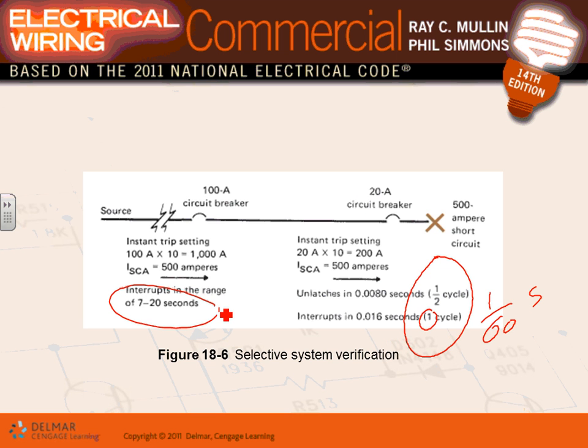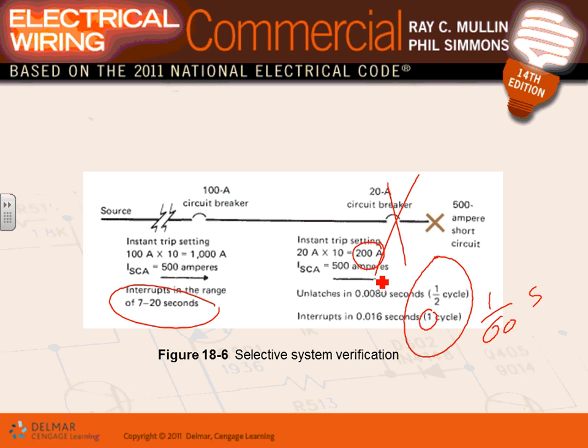We make this trip fast at this level of amps. By making it trip fast, this one doesn't have enough time to see it yet, right? That's how they do the coordination. Make the circuit breakers downstream trip faster at their rated amps than the one upstream. If they trip faster, they interrupt the current and open the circuit, then this one has no reason to trip.